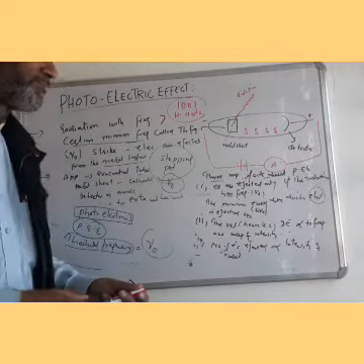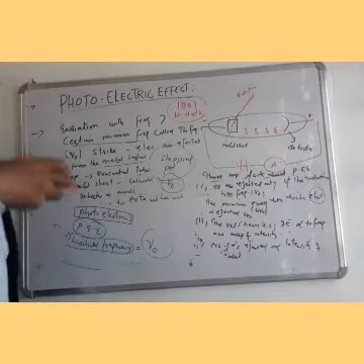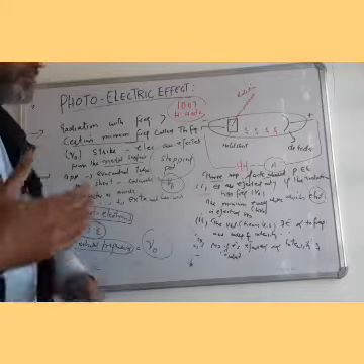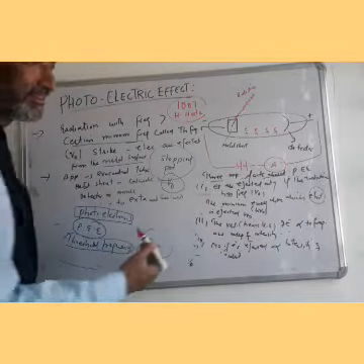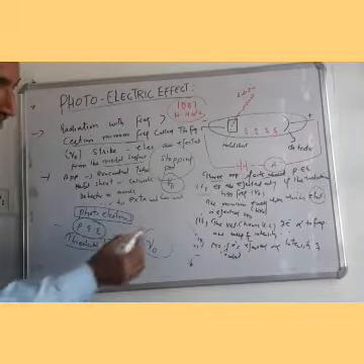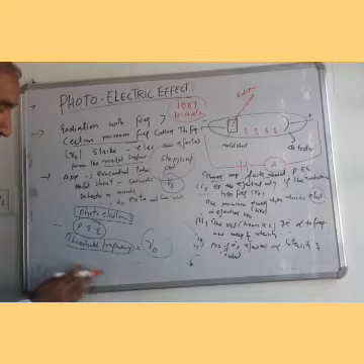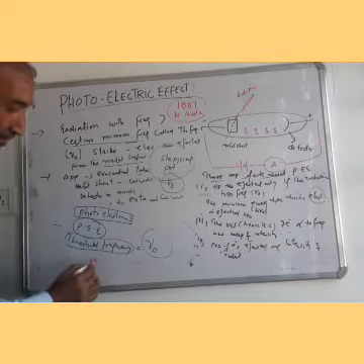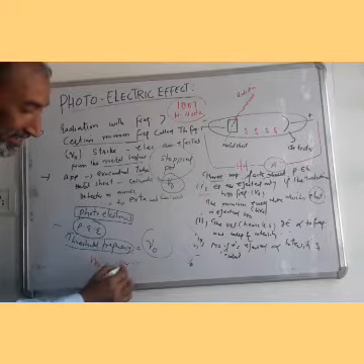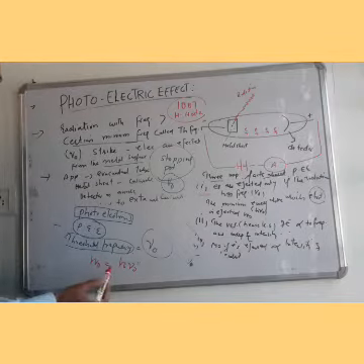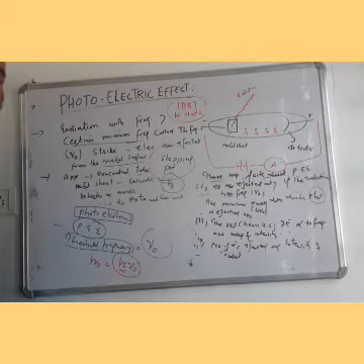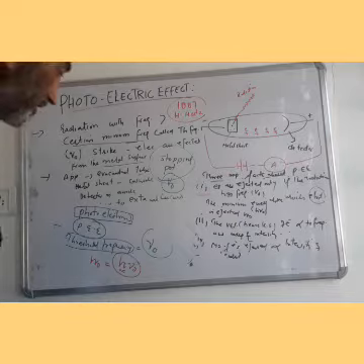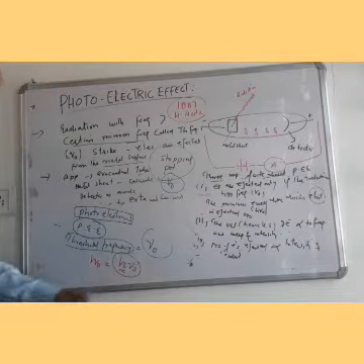The minimum energy above which electrons are ejected is known as the work function, denoted by W0. This is h nu 0. So W0 is equal to h nu 0, where h is Planck's constant.